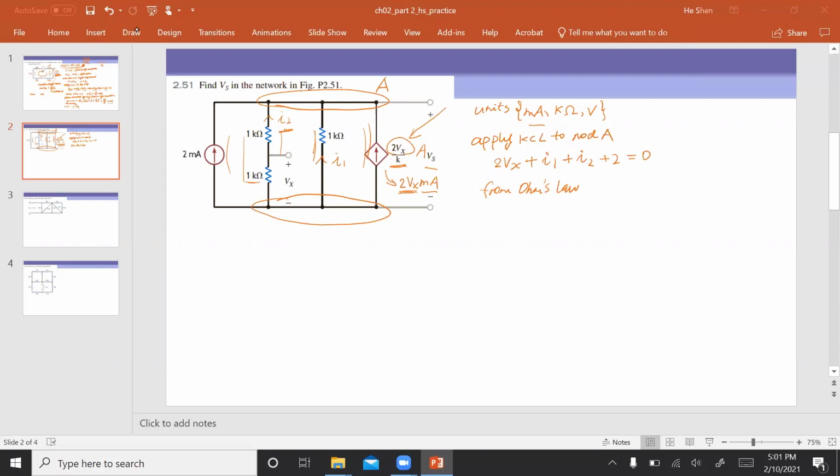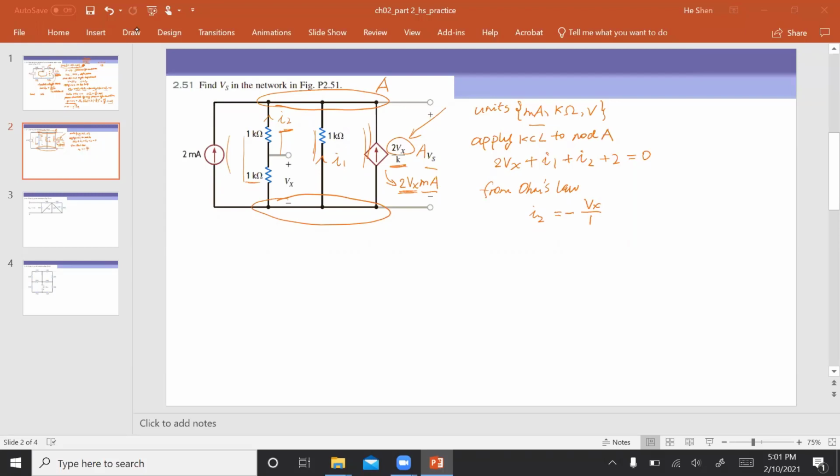So we find I2 is equal to Vx divided by 1K, but with the reverse sign, right? So that is negative Vx divided by 1K.